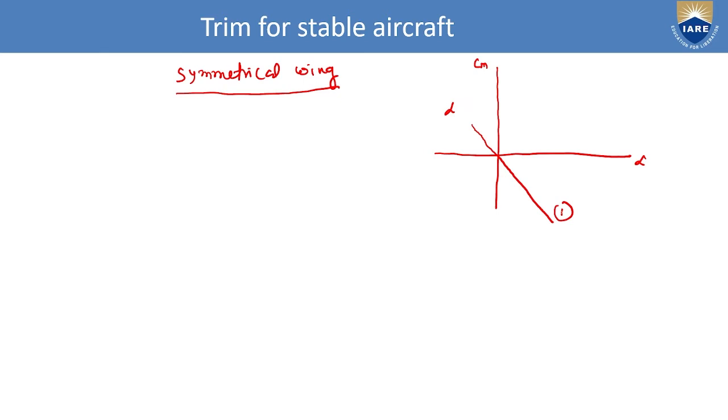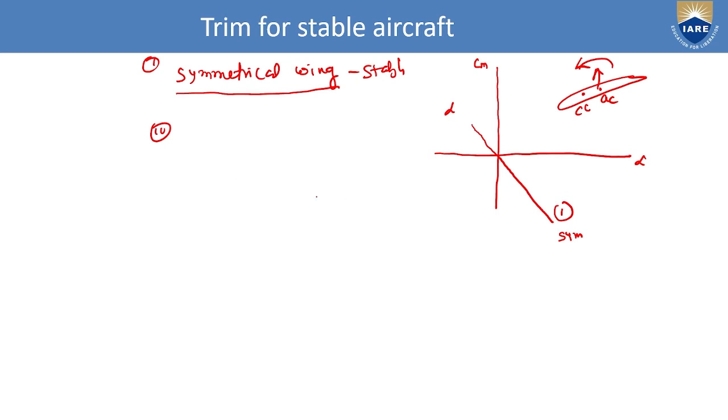This is for the symmetrical. This is the case 1 and case 2. If CG is ahead of the AC, this will try to move in this direction. So it is a stable case.